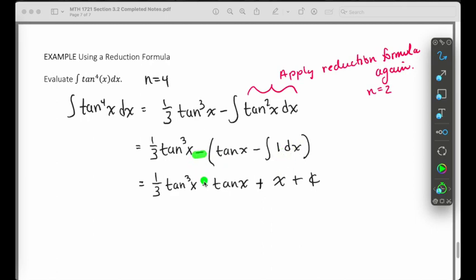I'm going to distribute that minus. So this is going to become a minus. This is going to be a plus because I have a double negative here. And now I can integrate this. The integral of 1 is x, and then I have my plus c. So there are times that you can apply the reduction formula more than once until you get it down into a form that you can integrate easily.